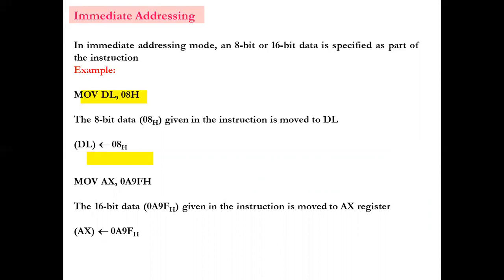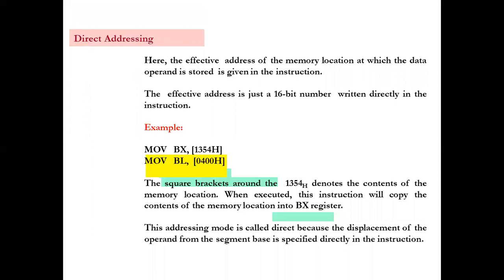Next, I am going to the direct addressing mode. In the direct addressing mode, the effective address of the memory location where the data operand is stored is written directly in the instruction. A 16-bit number is written directly in the instruction, for example MOV BX, [1354H].